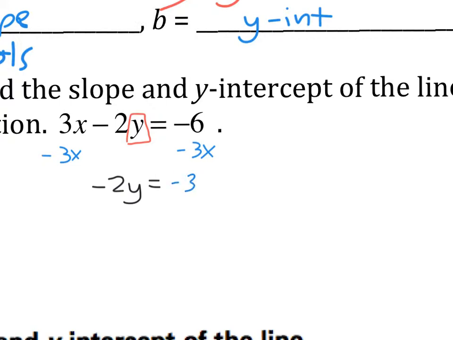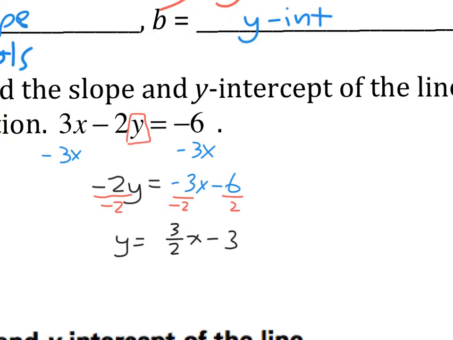So negative 3x, bring down the minus 6. Now in order to get the y by itself, I have to divide by a negative 2. So I'm going to go all across the board there. Next, I'm going to have y equals 3 halves x, because the double negative is positive, minus 3.